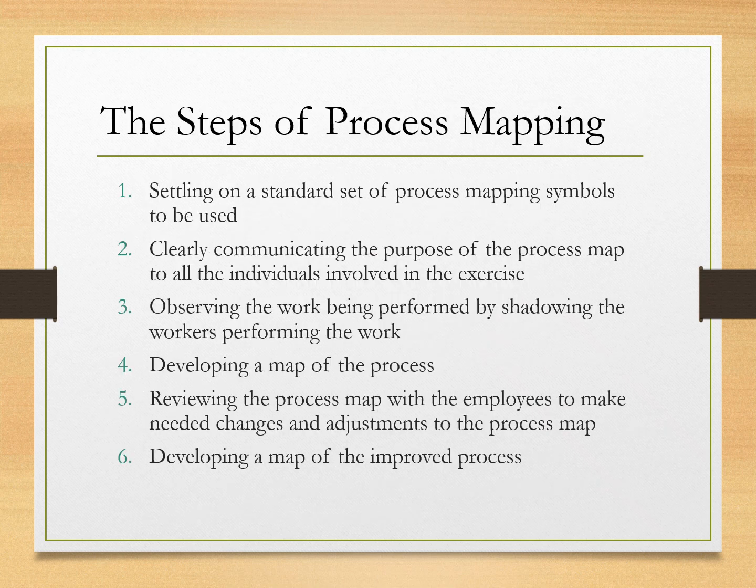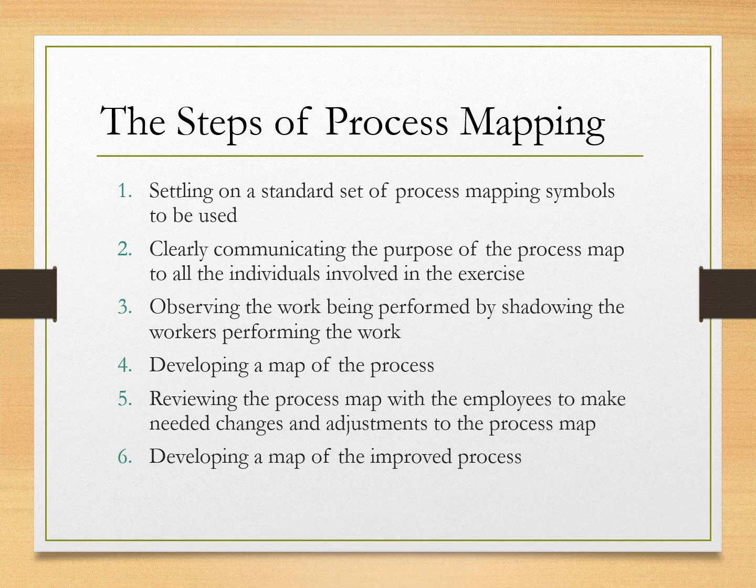There are 6 steps involved in process mapping. The first is to agree on standard symbols. Second, we need to communicate the purpose clearly. The third one is to observe work by shadowing employees. And then based on that, we develop the map.